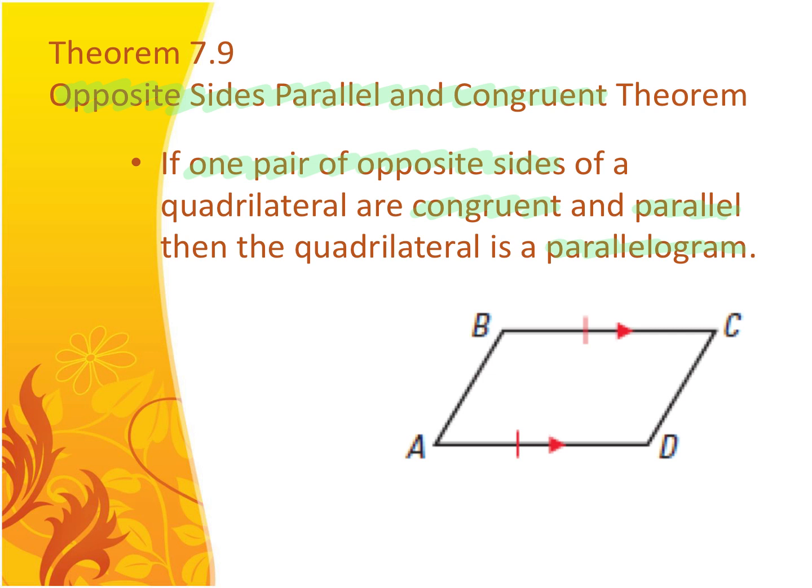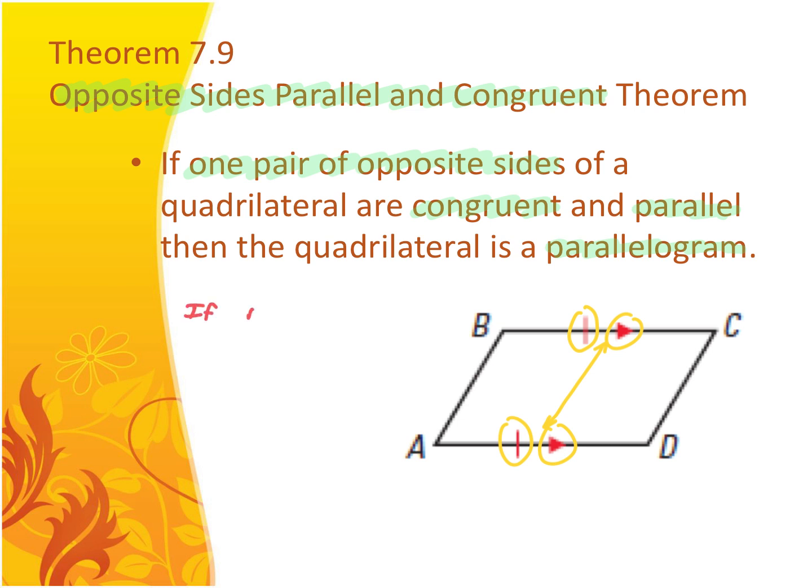So notice here it says, basically, if I have BC and AD congruent, and BC is parallel to AD, that's enough to prove that the quadrilateral is a parallelogram.